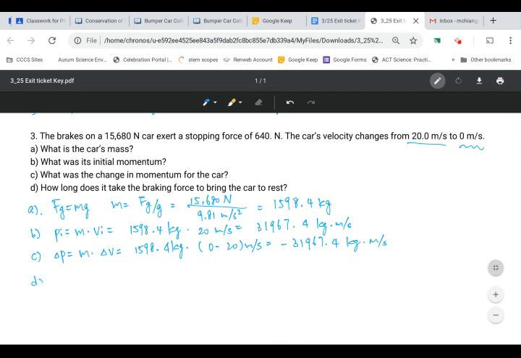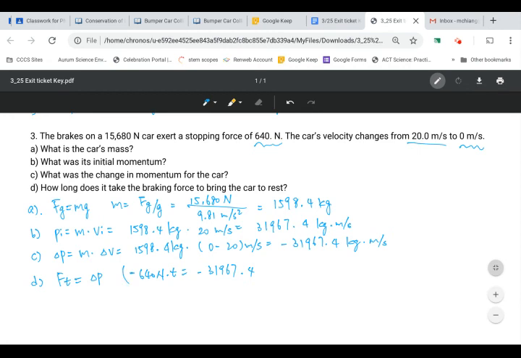Okay, D. How long does it take? So take force times time is equal to delta p. Our force, the stopping force, is 640. So 640 Newton times time is equal to negative 31,967.4. Okay, here, the force should be negative.